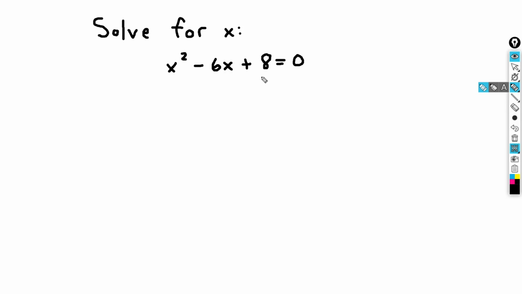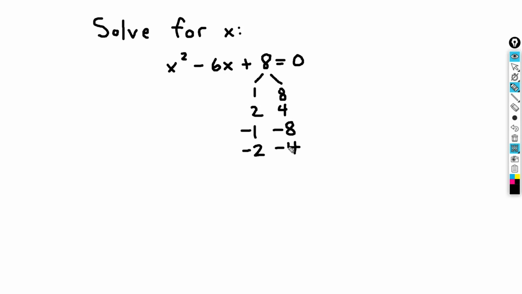So that's listing the factors of 8, which are 1 and 8, 2 and 4, negative 1 and negative 8. We have to include the negative factors, and negative 2 and negative 4.